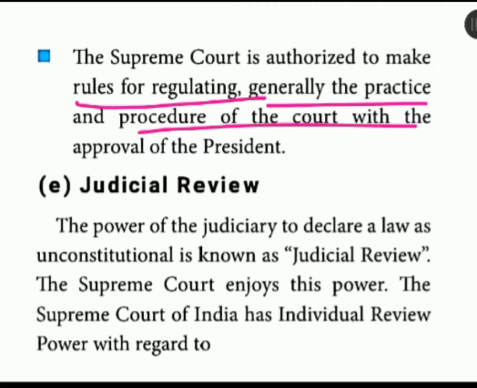The last one is judicial review. Who has the power? The Supreme Court has the power to declare a particular article or law as unconstitutional, that is, null and void, because it is violating the Constitution.